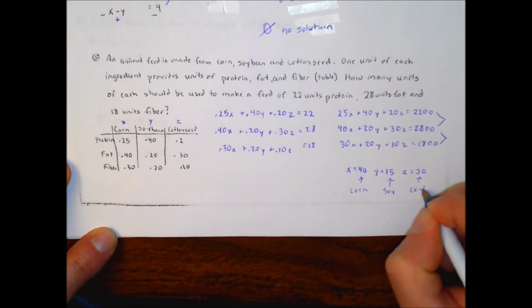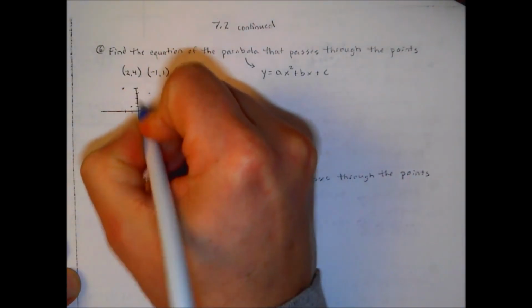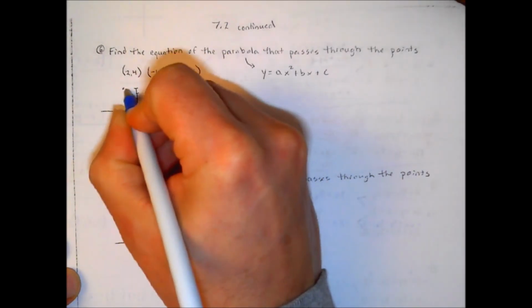Let's say we take that first point, plug in the y and the x's. So we would have 4 is equal to, plug in the 2 here. So 2 squared is 4, so it'd be 4a plus 2b plus c. And then we plug this point in here. The y is a 1.